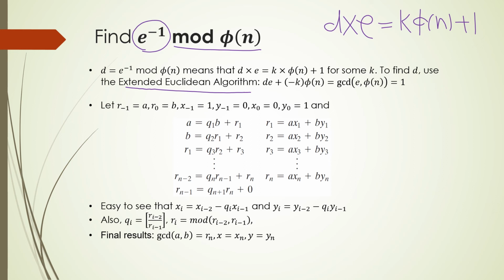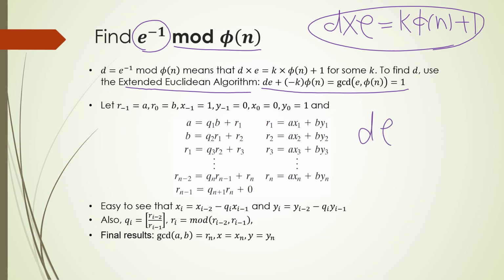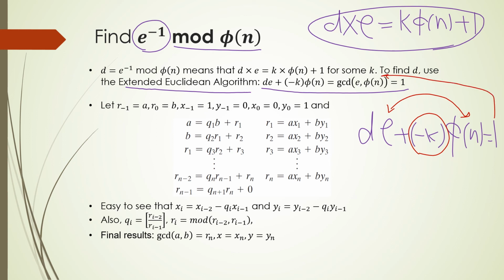Now, if you simplify this, you get this equation, which is d times e plus negative k times phi of n is equal to 1, and 1 is basically the greatest common divisor of e and phi of n.